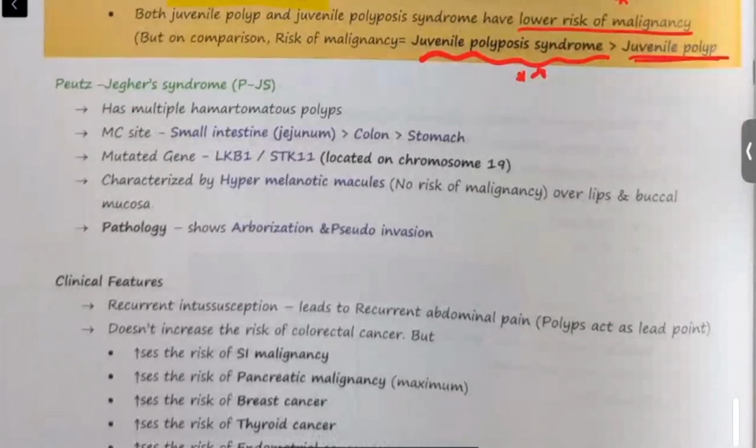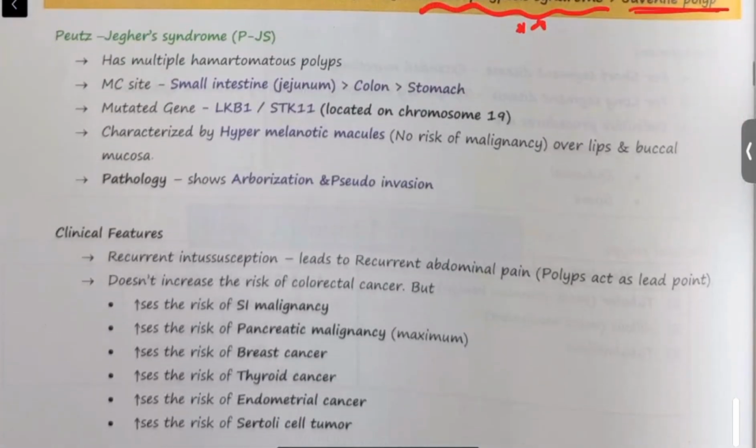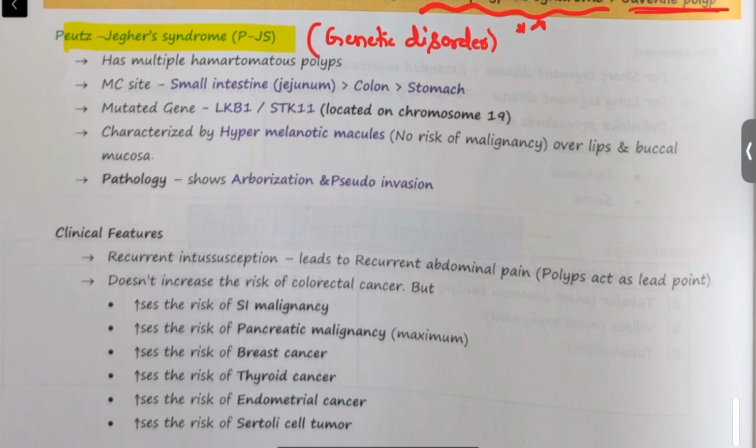So again, one more non-neoplastic polyp, that is Peutz-Jeghers syndrome, PJ syndrome. This is actually a genetic disorder. In this, there will be multiple hamartomatous polyps. They appear basically like a blood vessel tumor, red, that is why they are called hamartomatous polyps.